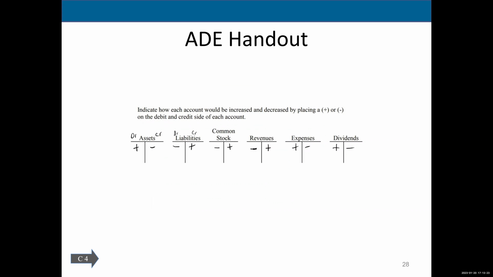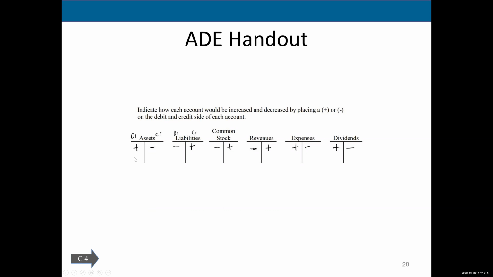And we're going to put the side that it increases and decreases certain categories of accounts. Let's start out with assets. Assets are part of ADE, so they increase with the debit. So put the plus on the debit side.